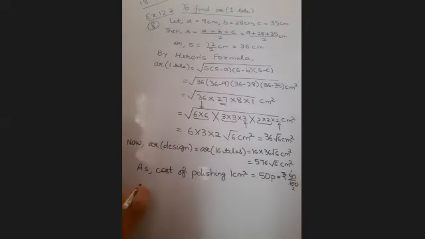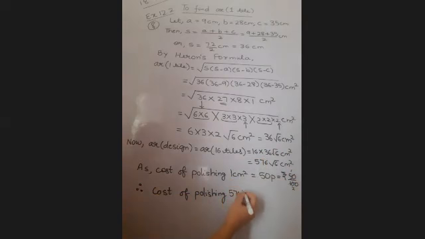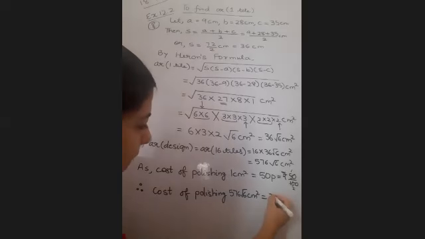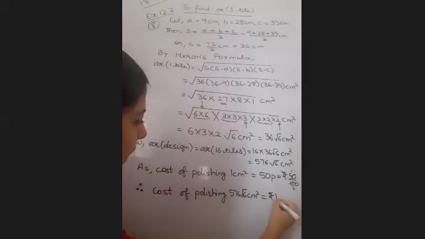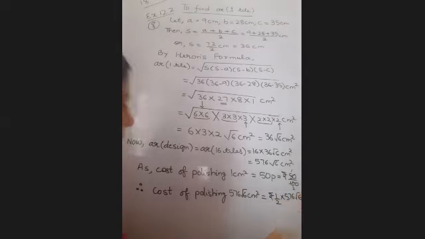So therefore the cost of polishing this area, 576 root 6 centimeter square, is equal to rupees 1 by 2 into 576 root 6.